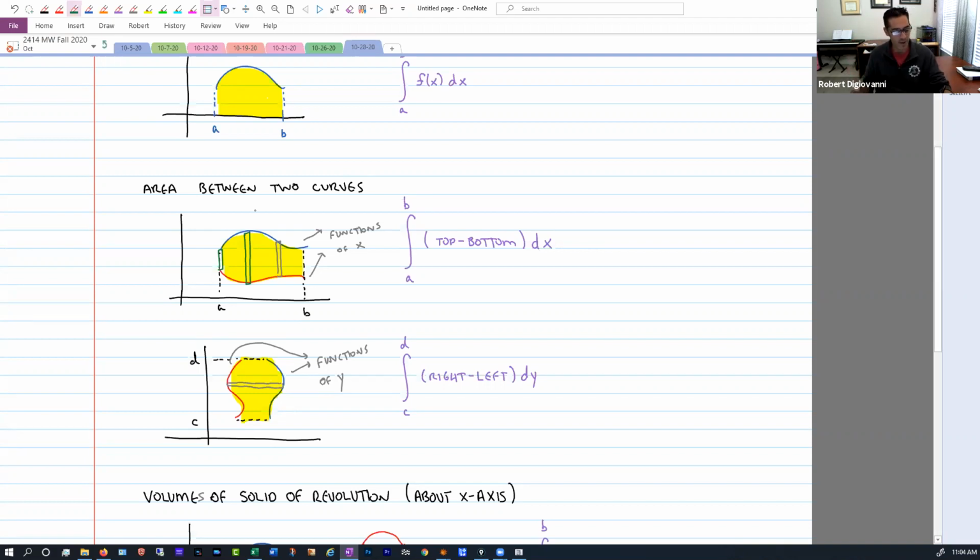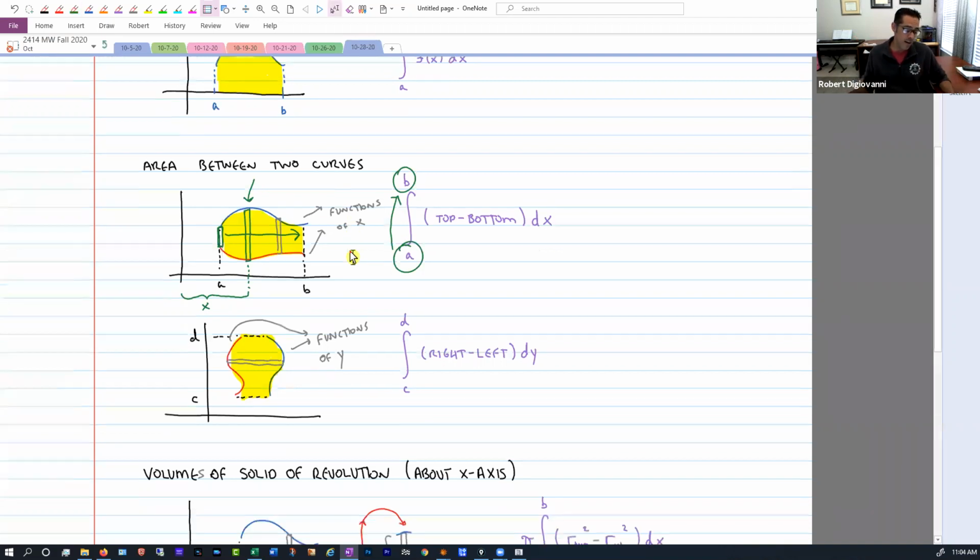So if I pick some arbitrary rectangle, let's say that one right there, the position of that rectangle, in other words the distance from the y-axis to that rectangle, is always going to be x, because x varies between a and b. That's what these limits of integration are telling us. x is going to start at a, so we start our rectangle at a. Position-wise on the x-axis, that's the position. And then we vary that x value all the way to b, so that slides that rectangle across the region. Does that make sense? Okay, we'll need that later.